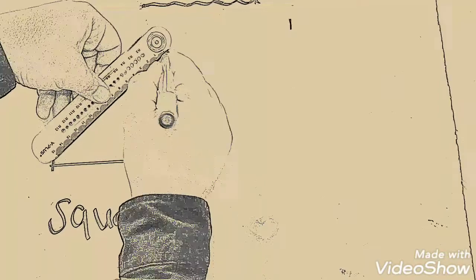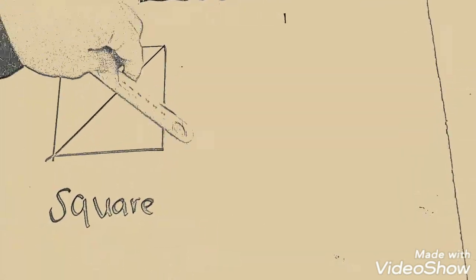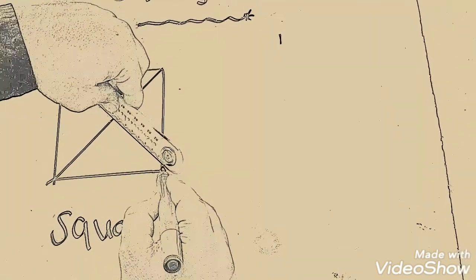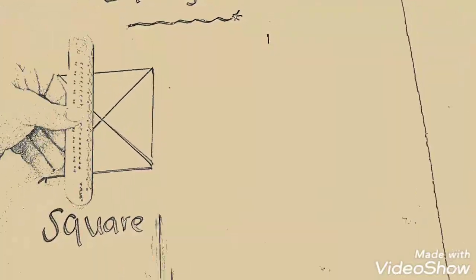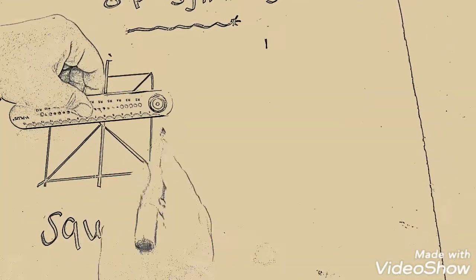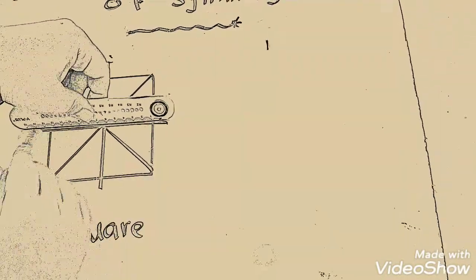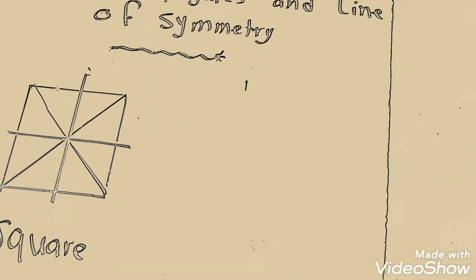Number 1, this line divides the figure into congruent parts that match exactly. Number 2, number 3, number 4. Square has 4 lines of symmetry.